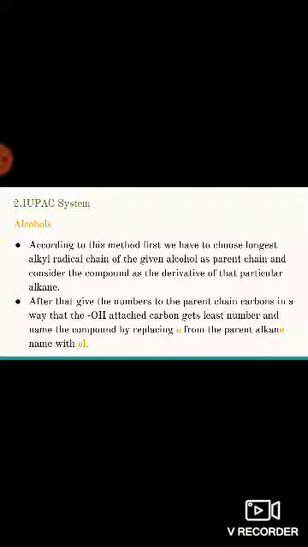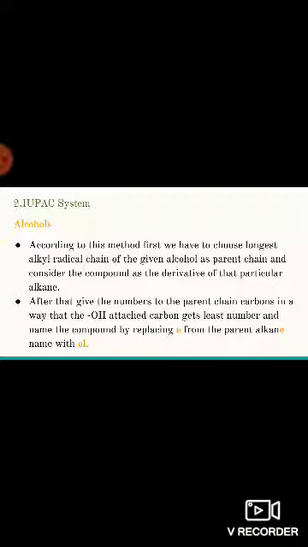The condition is that the carbon attached to the hydroxy group must get the least number. That is the correct order to assign numbers to the carbons of the parent chain.